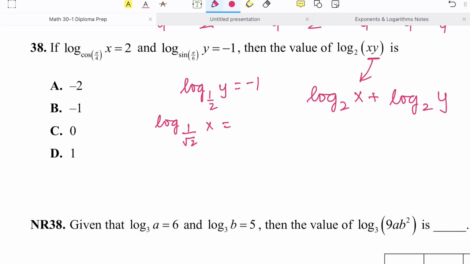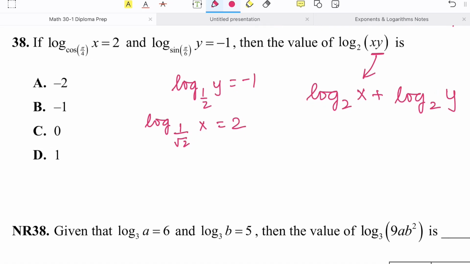Okay, so none of our bases are the same. What should I do in this case? Well, I can ask myself, can I find out what my value of x is? Can I convert this as an exponent? Well, you can.